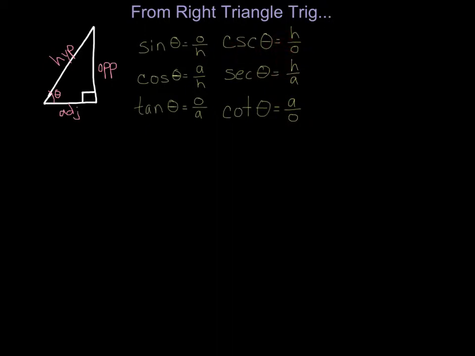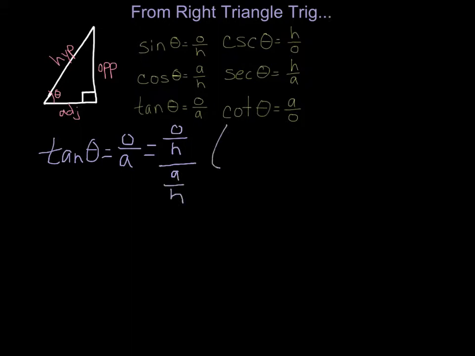Now, how are we going to use this? Let's start with tangent theta. From the triangle, tangent theta is opposite over adjacent. Now, using some algebra, I can say it's the same as opposite over hypotenuse over adjacent over hypotenuse.